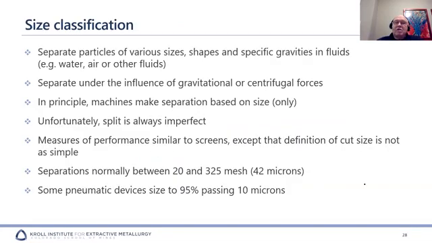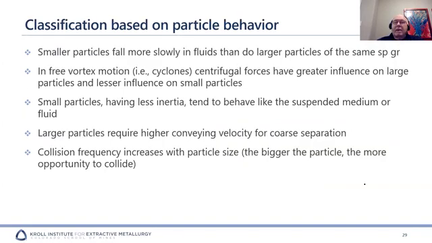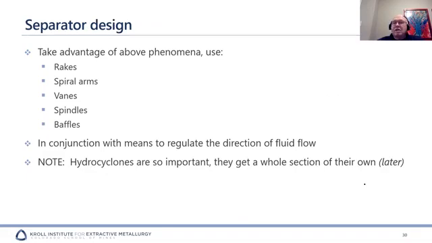Hydraulic classification is the upflowing water, and it's not perfect, but certainly is being used a lot around the mineral processing industry. It's basically that smaller particles fall more slowly in fluids than larger particles if they've got the same specific gravity. There are a number of different kinds of units. In the olden days, we had rakes and spirals used for hydraulic classification.